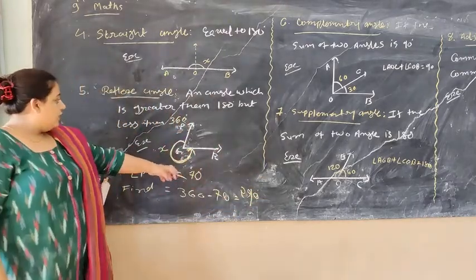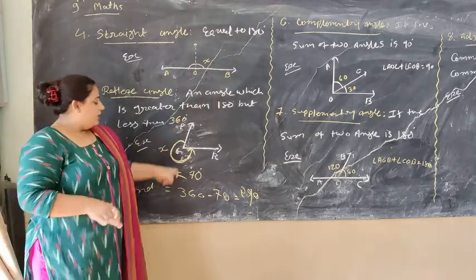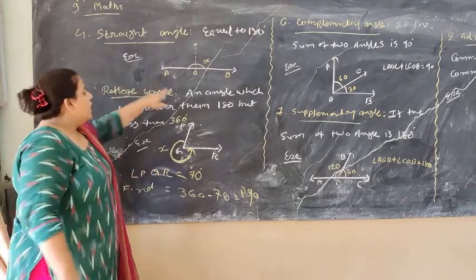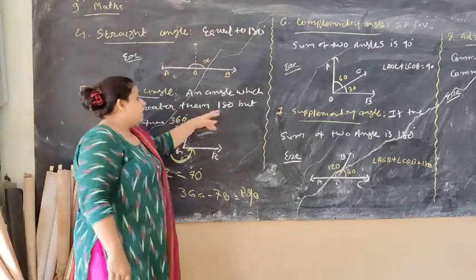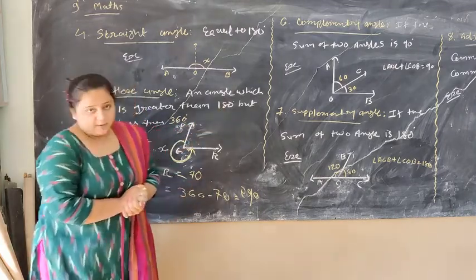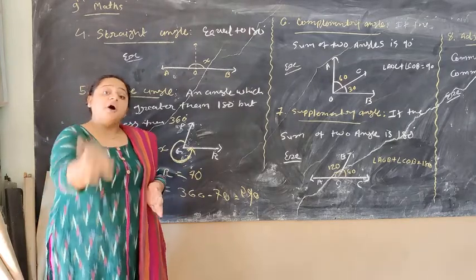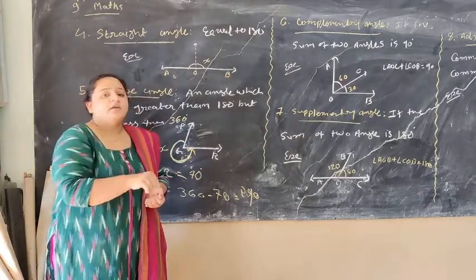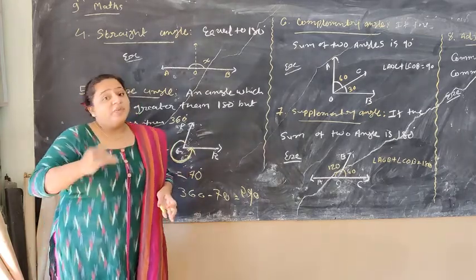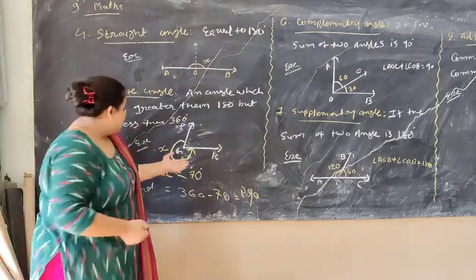So the answer is 290, which is between 180 and 360. It is an example, so you can relate this to the definition: an angle which is greater than 180 but less than 360. If any angle is given and they ask you to find the reflex angle for the same angle, simply use the formula, that is 360 minus the given value. That means you will get the reflex angle from the asked question.